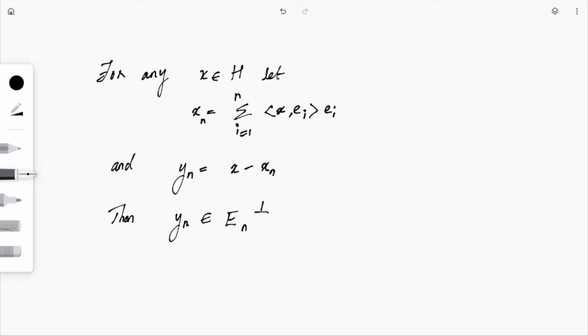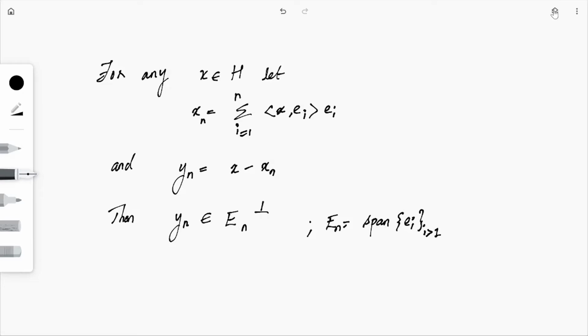How can we say that? Now, how did we assume Eₙ to be? Eₙ was supposed to be the span of the set of eᵢ's, for i = 1 to n. So yₙ is an element of Eₙ orthogonal, where Eₙ is the span of the set of eᵢ.